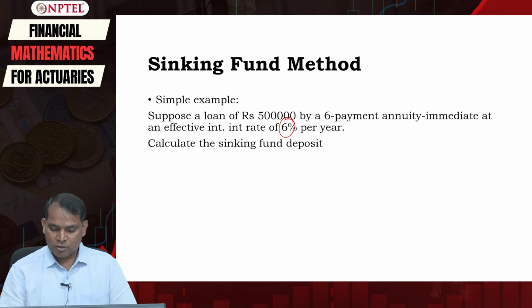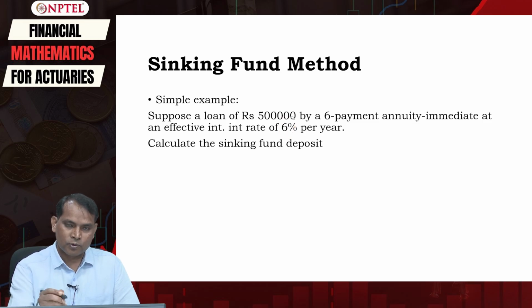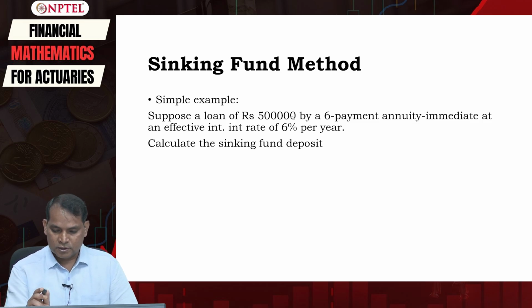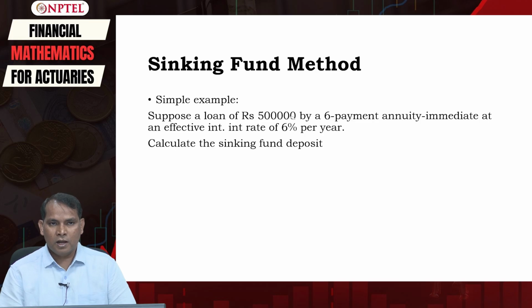The borrower has to make a periodic interest only payment, that is 6% of 5 lakh rupees every time till the 6th payment, and he likes to set aside some funds so that at the end of 6 years it will accumulate to 5 lakh rupees.